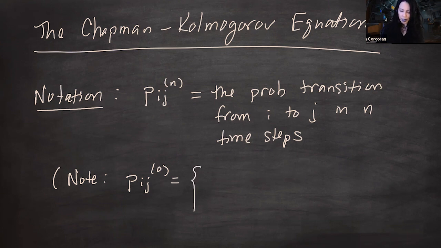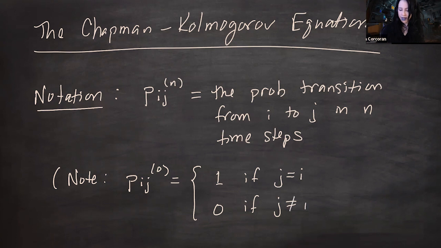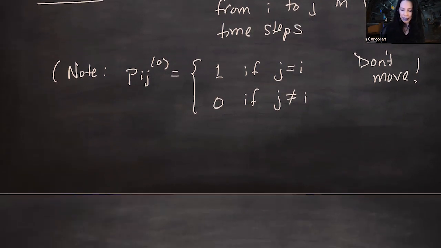So this is going to be 1 if j is equal to i, and 0 if j does not equal i. You're always going to stay at i in 0 time steps. So that's really nice for completeness of some of the algebra coming up. That was a parenthetical, so I'll close that up.